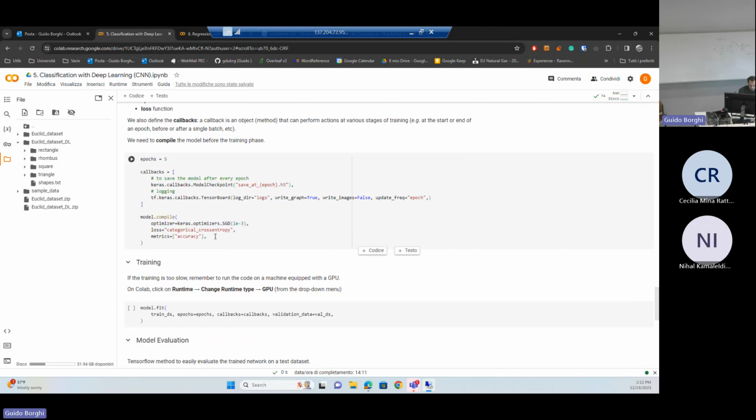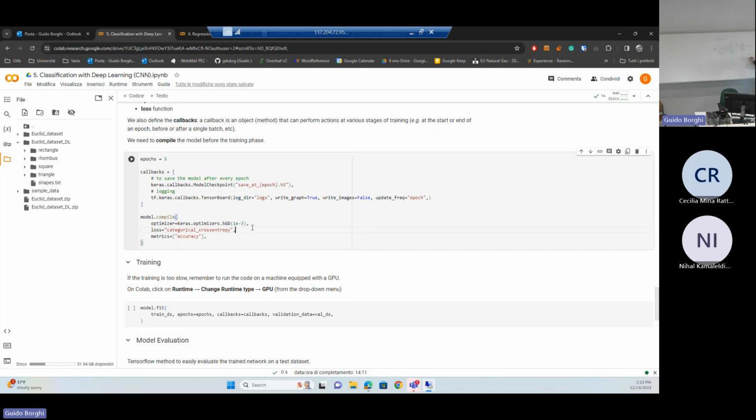And finally, we are going to use the compile method in order to compile our network. Note that here we are using the SGD, the stochastic gradient descent optimizer. Remember that with fine tuning, usually the best option is to use the SGD optimizer with a very small learning rate.